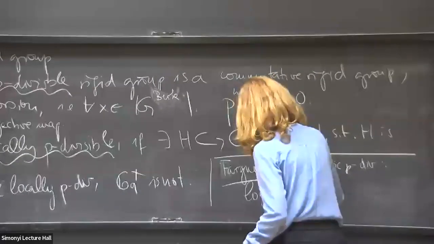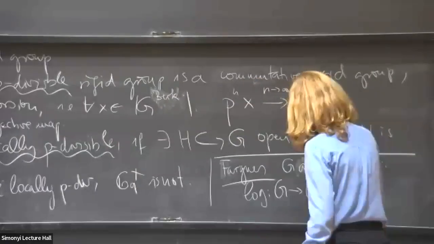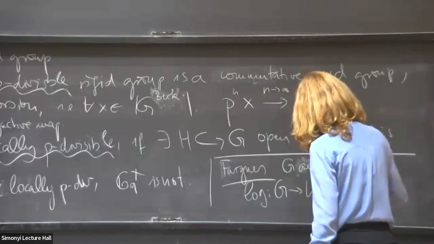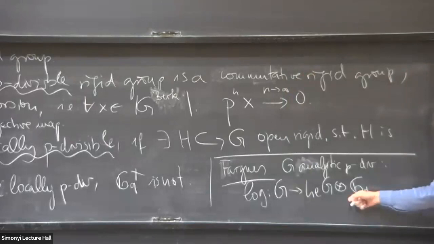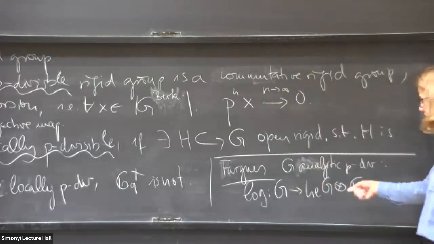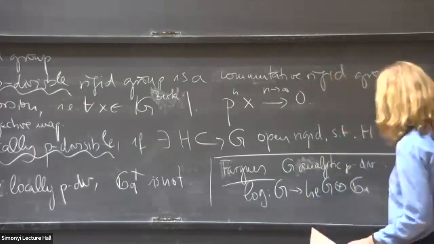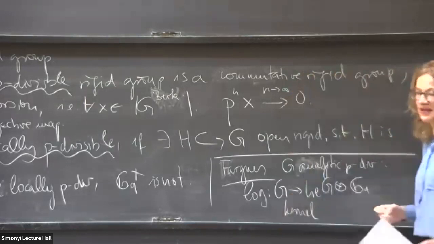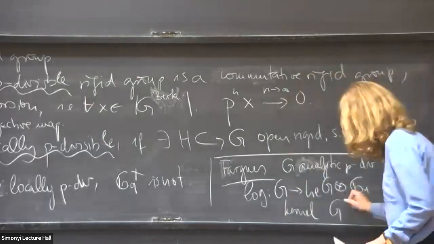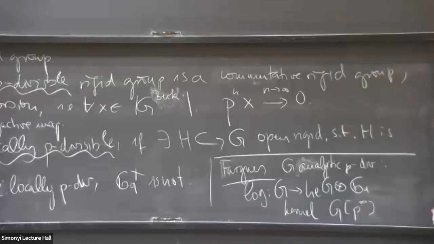This is a map between rigid varieties. So if I'm talking here about the Lie algebra, I have to soup this up into a vector group so that I have a rigid analytic space. So he constructs this logarithm map, which is surjective, and the kernel of this thing is something which looks more like a p-divisible group, because the kernel is this whole limit of the p^n-torsion elements.